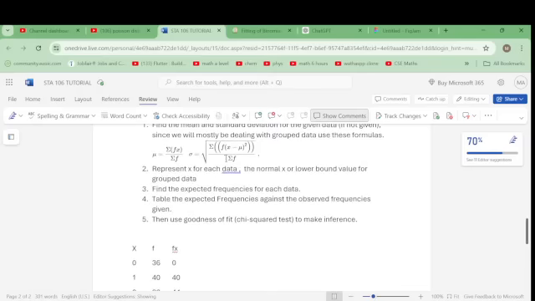If you remember last semester in one of our tutorials, instead of doing this one, which will take time, just use your calculator. I just remembered now.